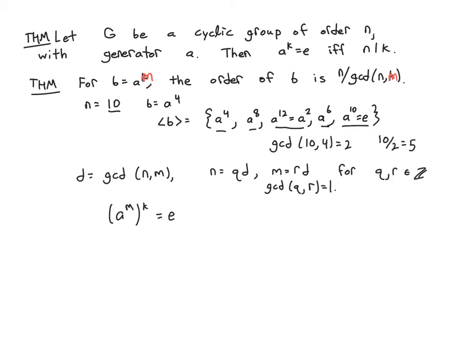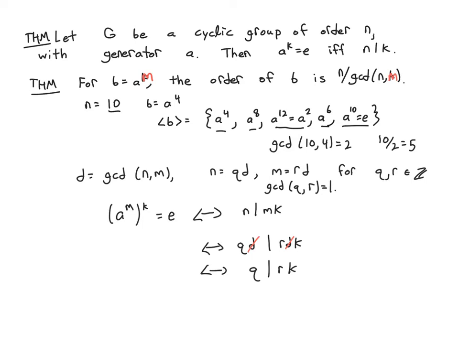Well, according to our previous theorem, the only time that happens is when n divides m times k. But n is equal to q times d, and m is equal to r times d. So this happens if and only if qd divides r d k. I imagine you can see that you don't need the factor of d, so this only happens if and only if q divides r times k.